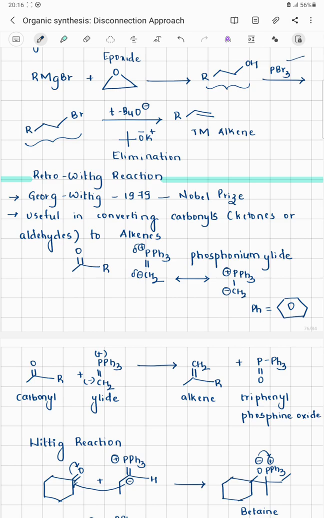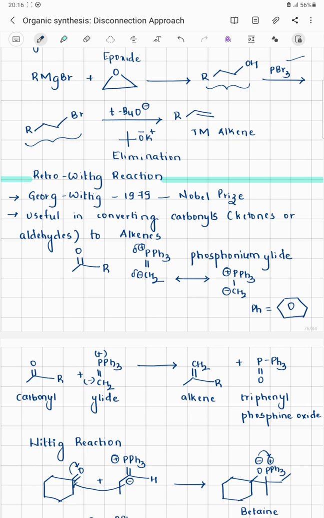Now this particular named reaction is very well known for the synthesis of alkenes. When I say it is well known, it means it is a very famous named reaction under which an alkene system can be synthesized.